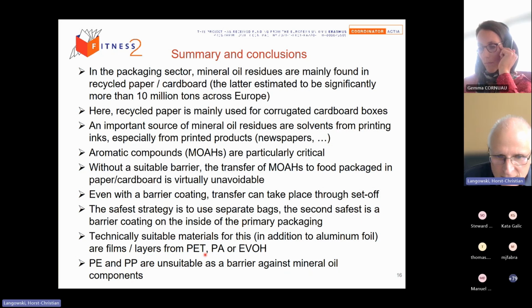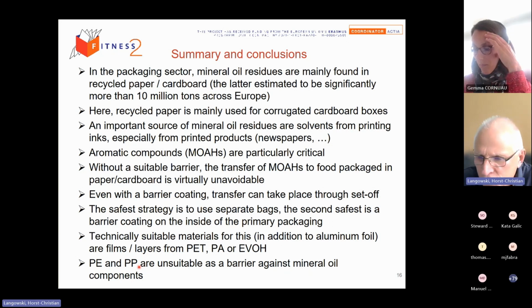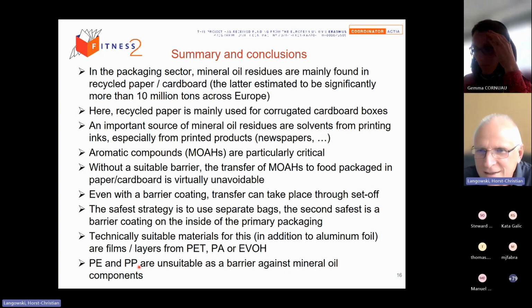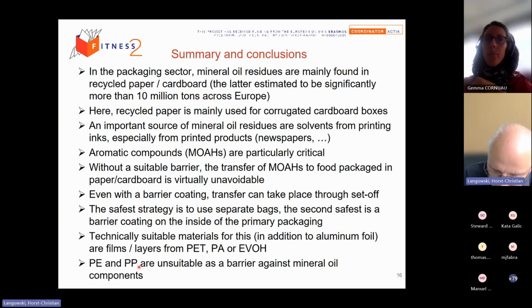In this case, you should choose PET, polyamide, or EVOH because they are the best barriers. You can use aluminum foil as well, that's for sure, but this is something that's, yes, I would say a bit over-engineered. And finally, polyethylene and also polypropylene are no good barriers at all against this kind of substances and therefore should not be used. So that's it. Thank you very much, and I hope I still kept the time.